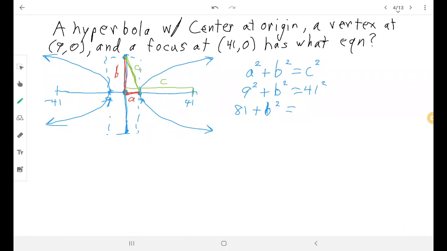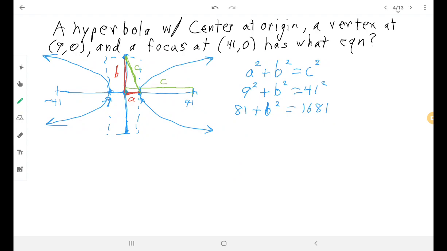I'm going to use a calculator to figure out what 41 squared is, because it's a big number, and I could do it on paper, I suppose, but okay, 1681.